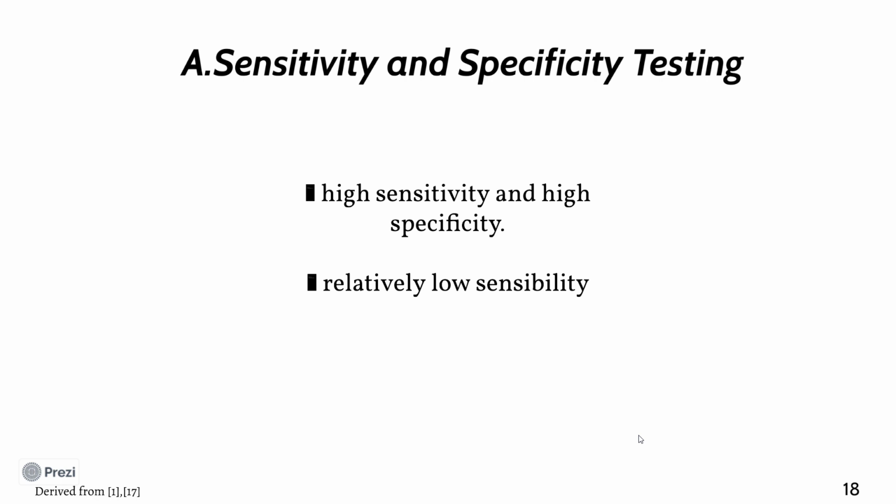Now what's called specificity is the complete opposite of sensitivity. That is, it is the amount of accuracy through which a device can give off true negatives.